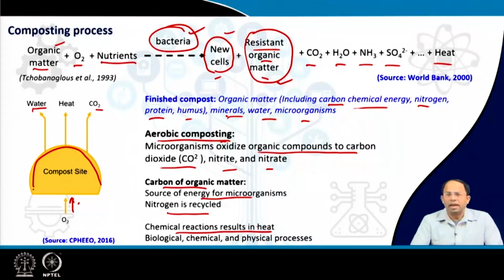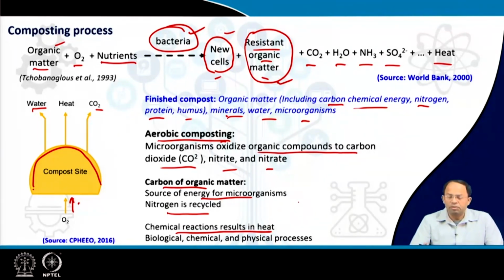So this is a big factor in the composting process, because there are two kinds of effect of that. When the microbes act upon the compost, automatically the heat is increased, and because the heat is increased, some pathogens or some weeds or seeds of weeds which are there in the organic matter get killed, and we get a cleaner material, right?